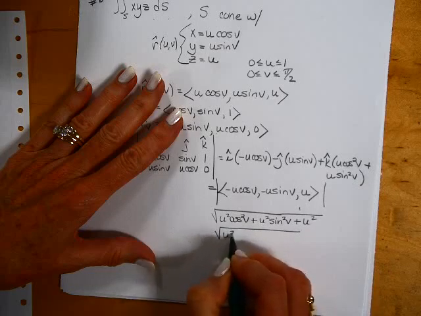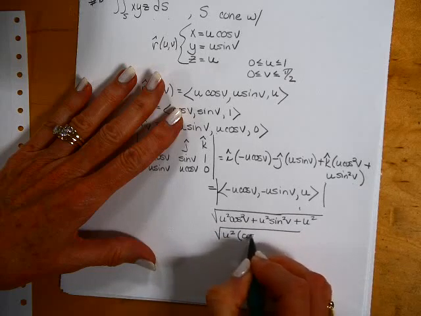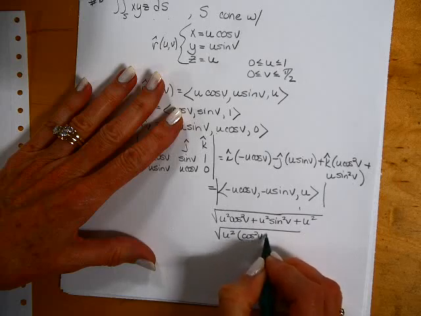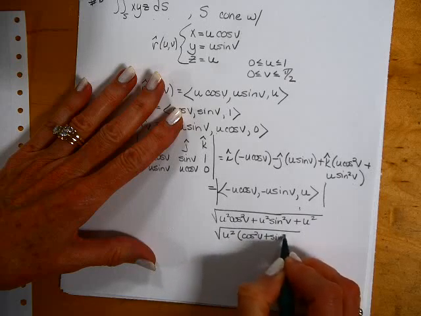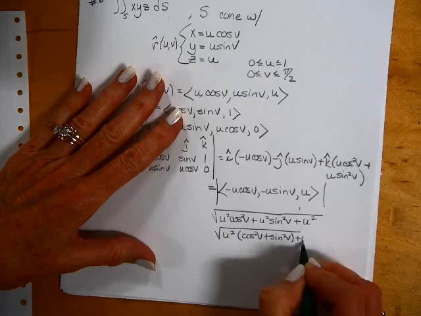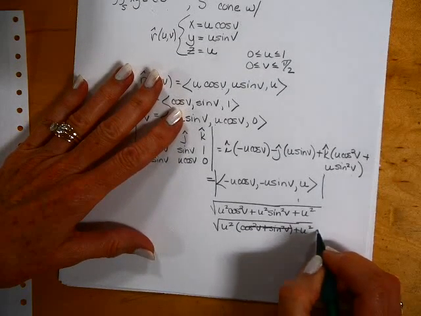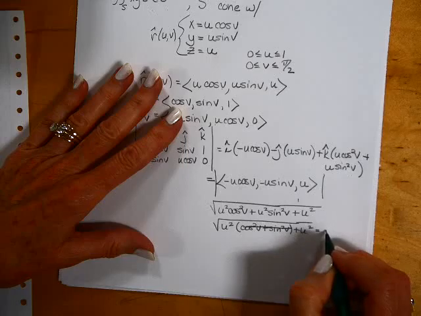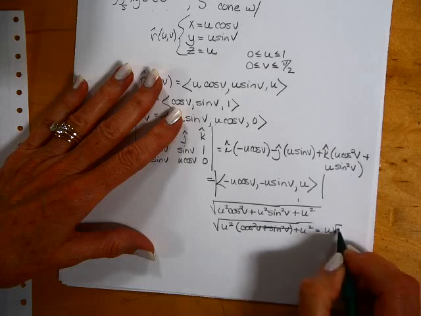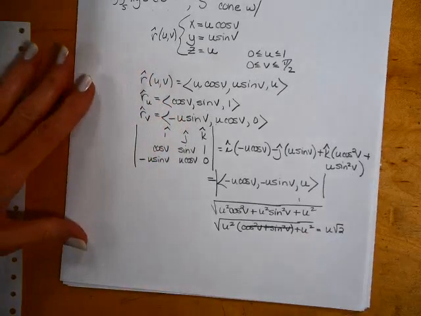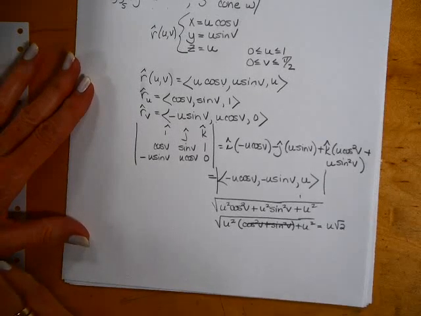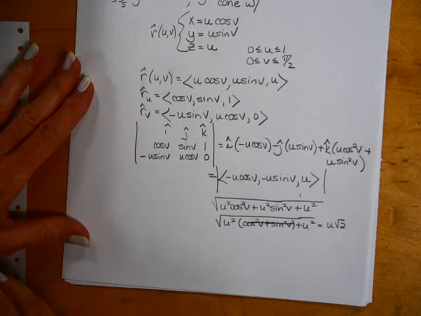If I factor u squared from here, that's going to give me cosine squared plus sine squared plus u squared. This is 1, so u squared plus u squared, that's 2u squared. So that looks like u square root of 2. Okay, everybody with me?